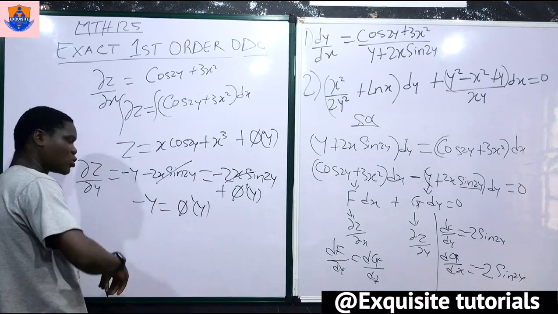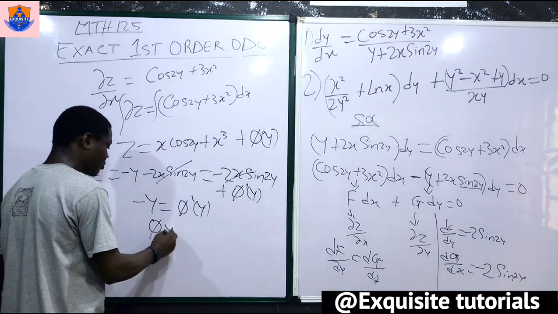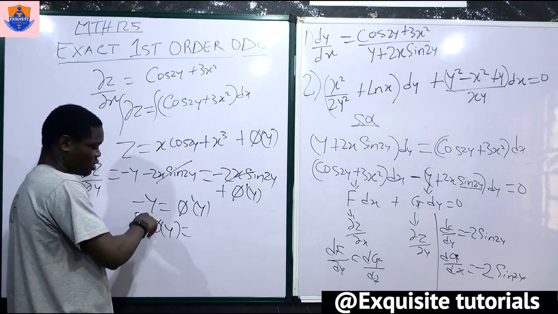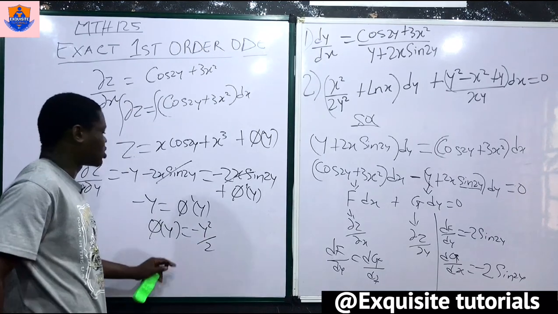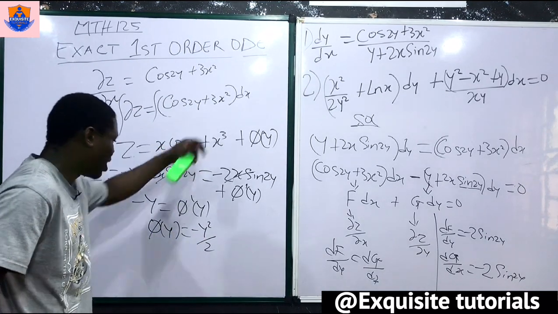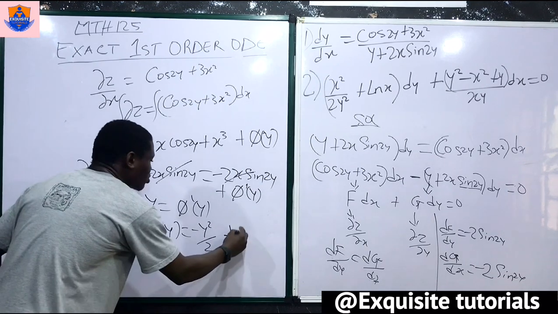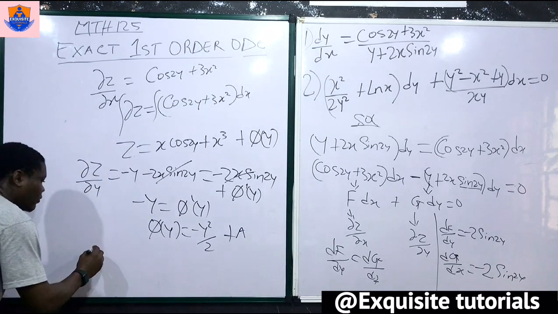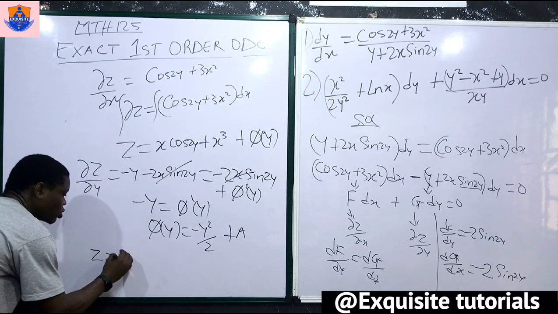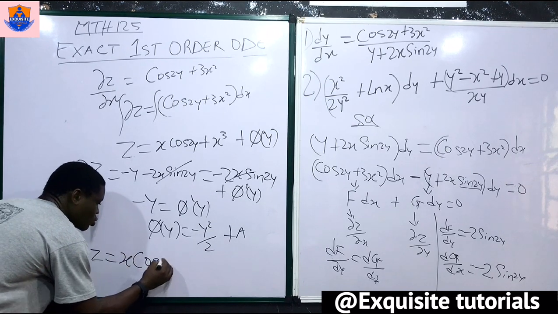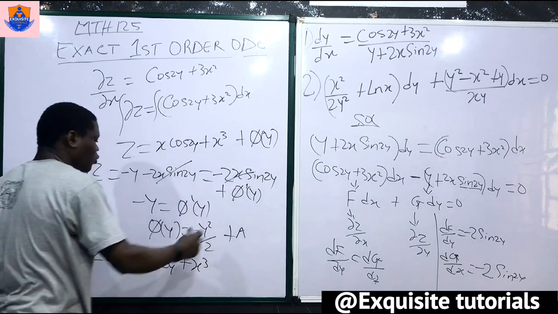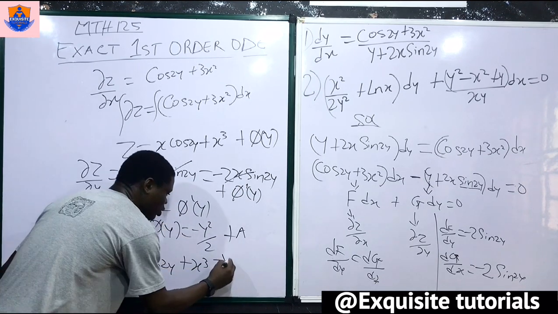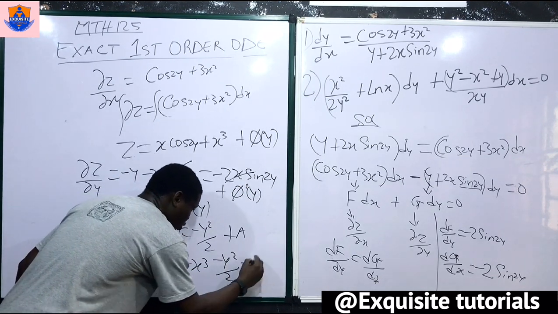Now when I integrate both sides as usual, our phi becomes the integral of this, which is minus y squared over 2. Now since we have gotten our function of y, we'll put it back here, plus a certain constant a. So we have z equals x cos 2y plus x cubed plus this function of y, which is minus y squared over 2 plus a.